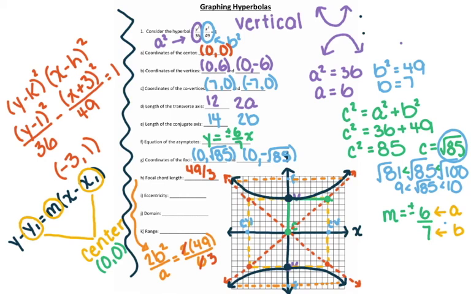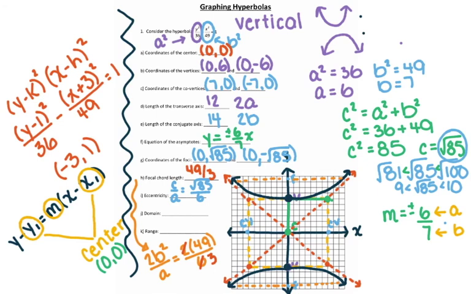The eccentricity, just like it was for the ellipse, the formula is c over a. So that one I have room, so c over a. Rad 85 over 6. Okay.